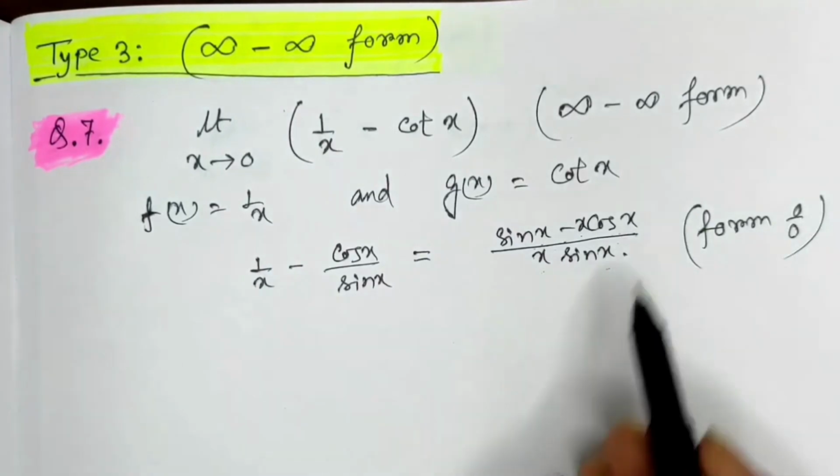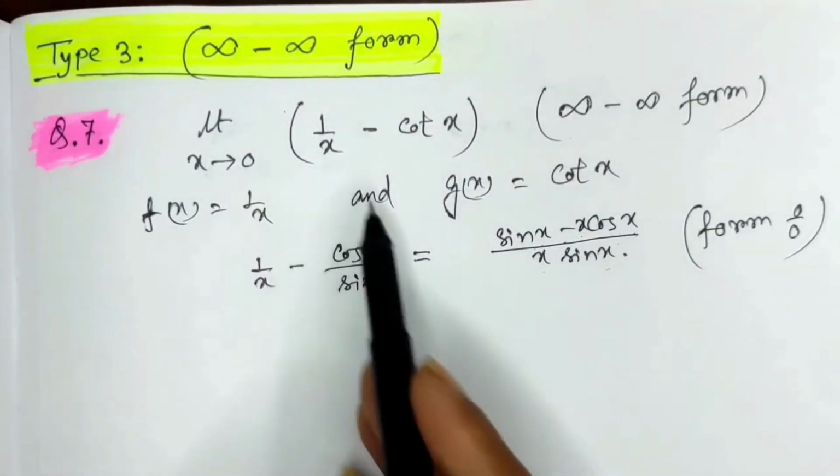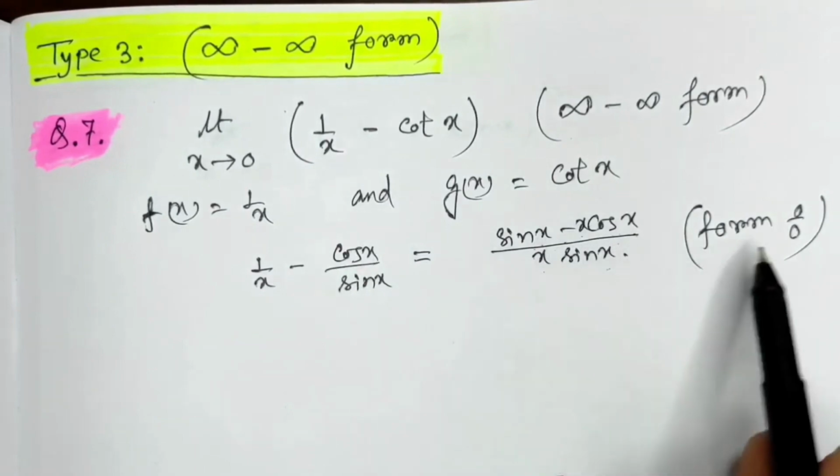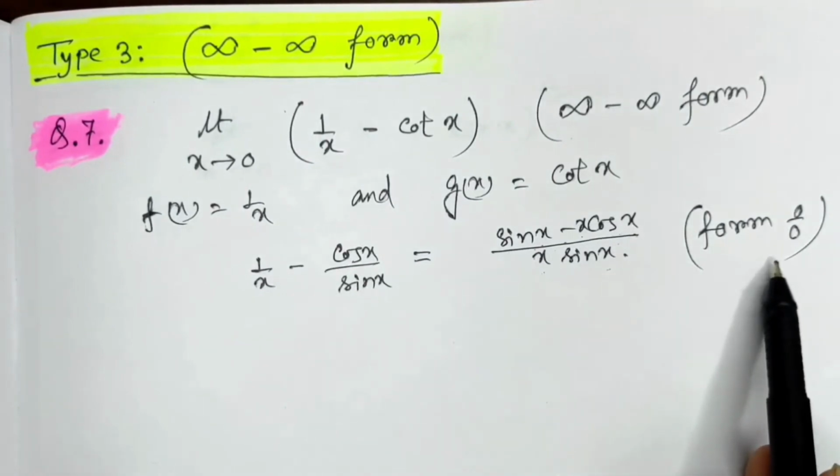After rewriting the given function in this format, we find it is in the 0 by 0 format, which means we apply the same process to evaluate it.